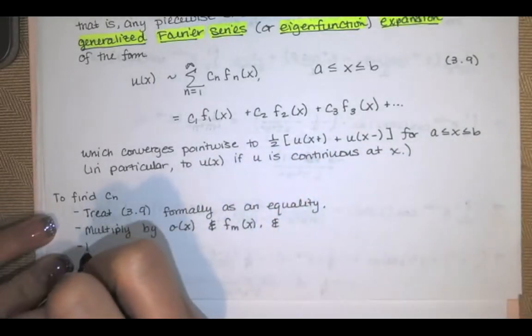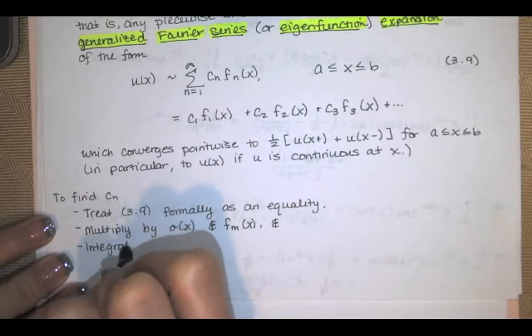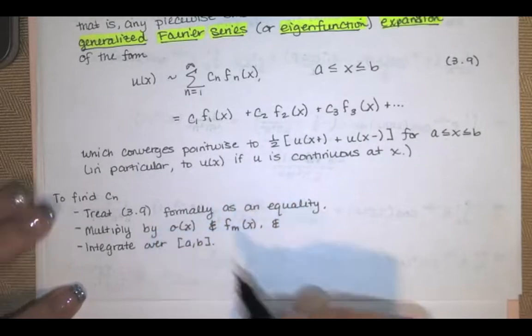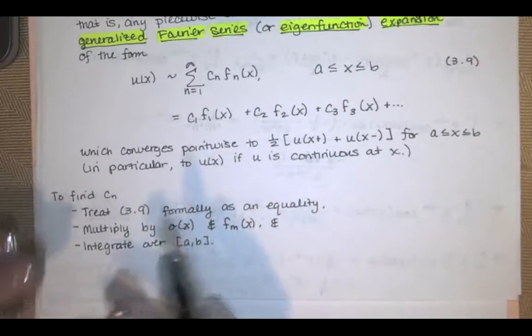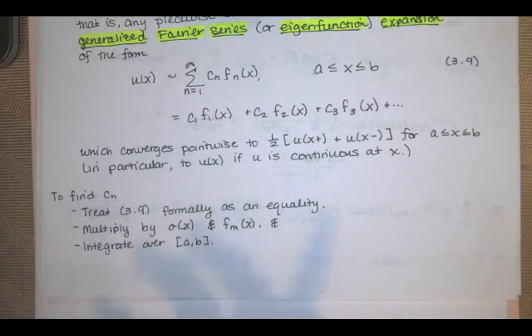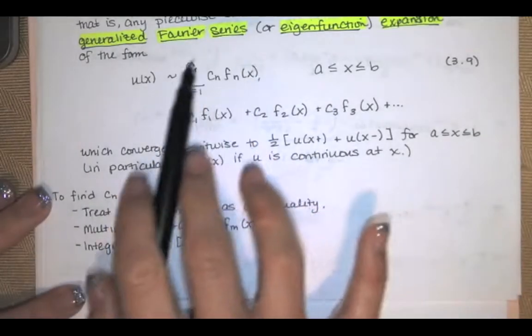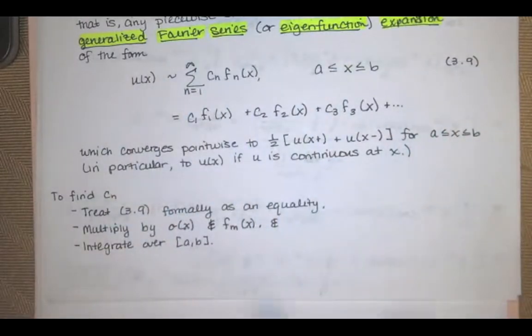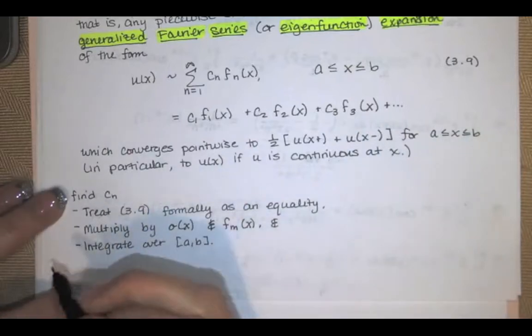And then we'll integrate over the interval from A to B. When we do that, because the f sub n of x form an orthogonal set where any two of those functions are going to be orthogonal with weight sigma, we'll be able to cancel almost all of these. We're going to have an infinite series on the right. I'm going to be able to cancel most of those except for exactly one. And that will allow us to solve for the c sub m.